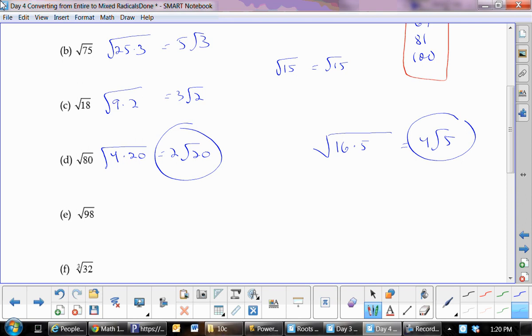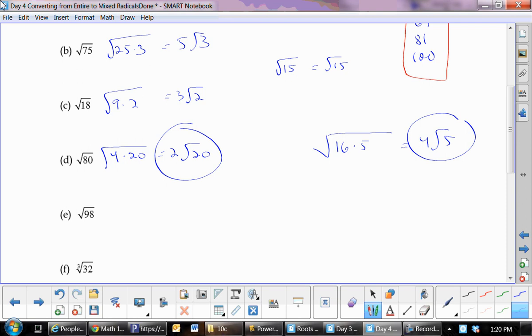Which one is wrong? Right. Yes, you're right. It is wrong. Why? You didn't get everybody out of the house. There's still another perfect square in 20. But it doesn't mean you have to sabotage it. In fact, when you're new at these and you see 4, you're going to bring it out.